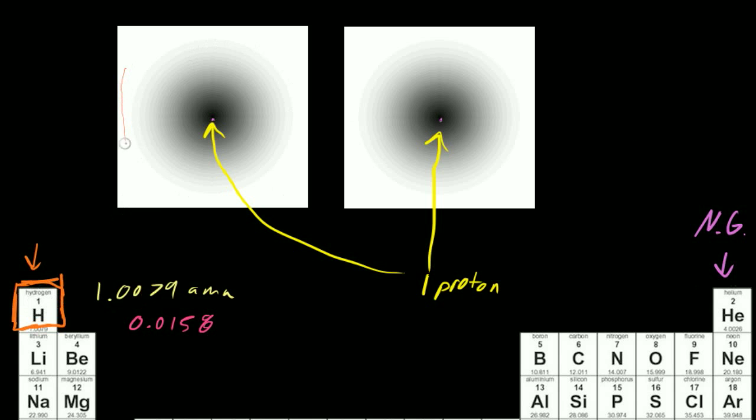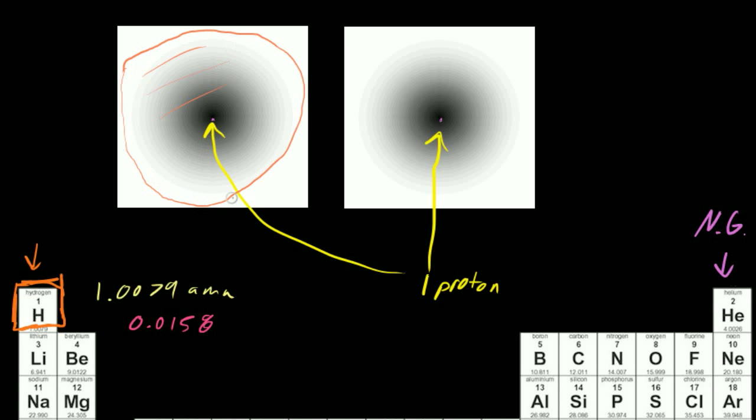If we remember our probability function about where we might find an electron, it's essentially this whole area, and where we have darker shades of gray and black, that's a higher probability of finding an electron there. As we get closer in towards the nucleus, we've got a higher probability of finding our electron than as we move out from the nucleus.